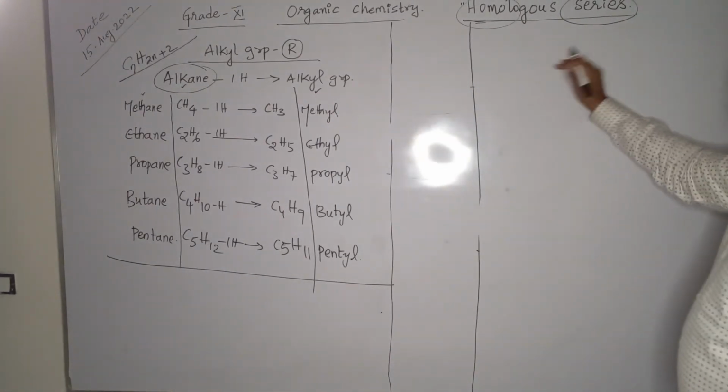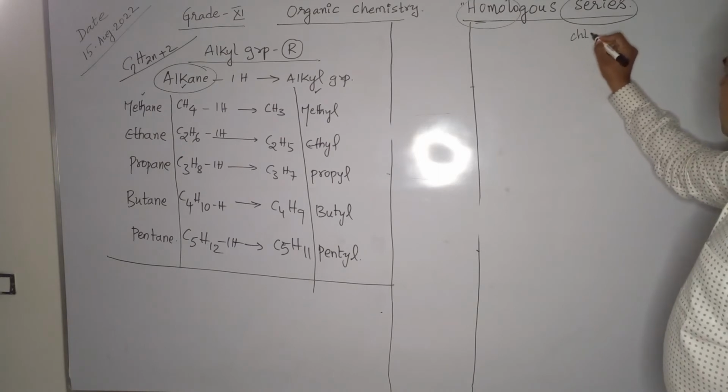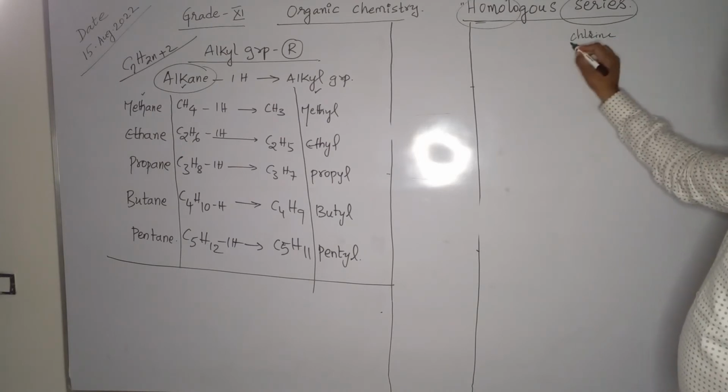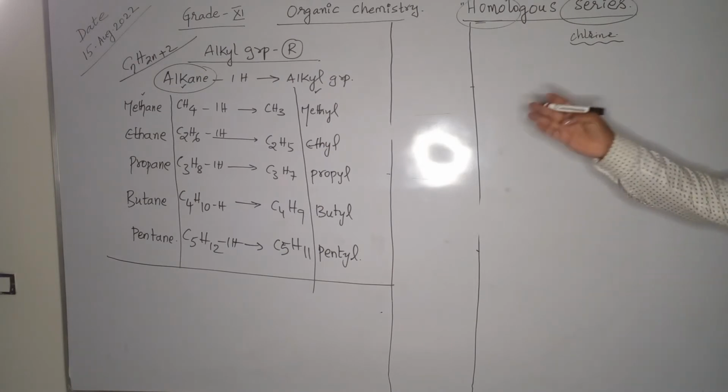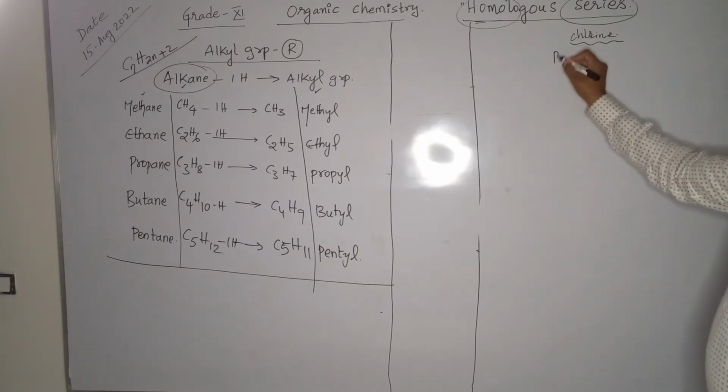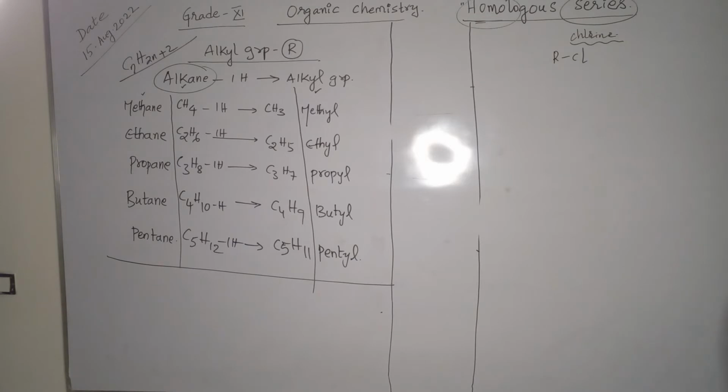Now I am writing for chlorine or Cl. How to write the homologous series? Just take R dash Cl, that's it. Suppose for alcohol, that is OH, you will simply write R dash OH.